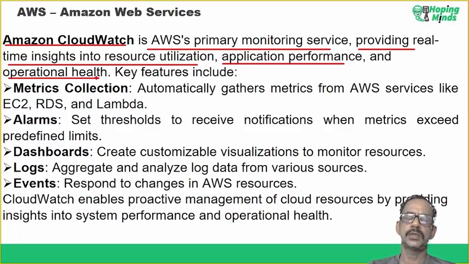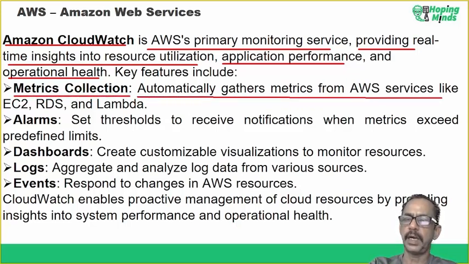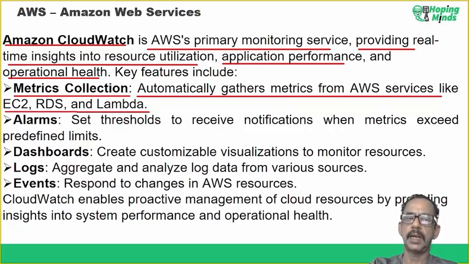CloudWatch is the one best tool used in Amazon for monitoring as well as logging as well as for alert purposes. The key feature included with CloudWatch is metric collection. It automatically gathers metrics from AWS services like EC2, RDS and Lambda.